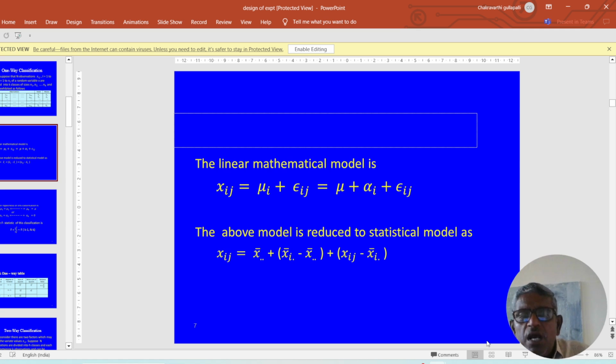Here we are using the maximum likelihood estimation method. By using it, we get mu as x bar double dot, alpha i as x bar i dot minus x bar double dot, plus xij minus x bar i dot, which is called the error component.